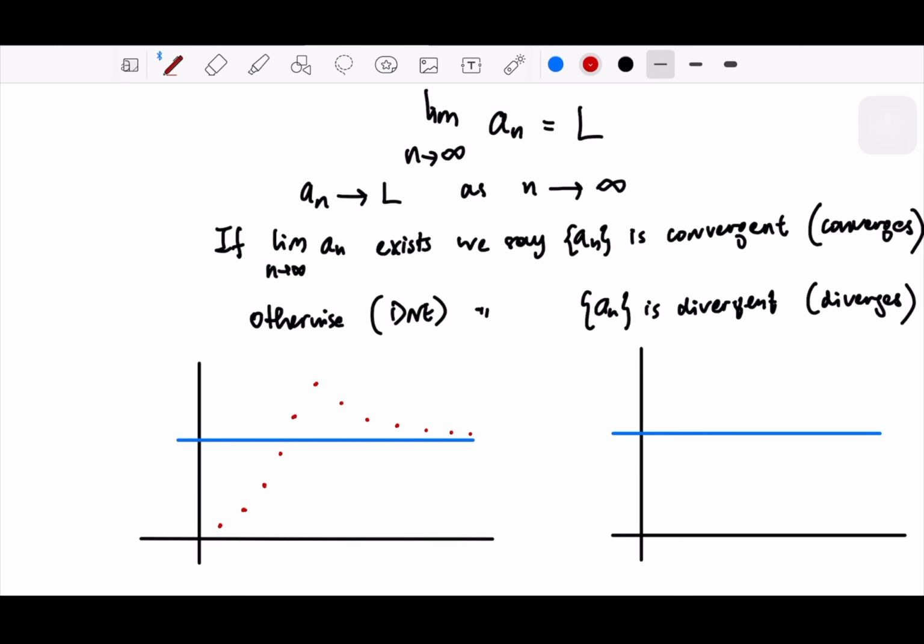Okay, we can say also this converges as n gets larger. So we can say this also converges as n gets larger.